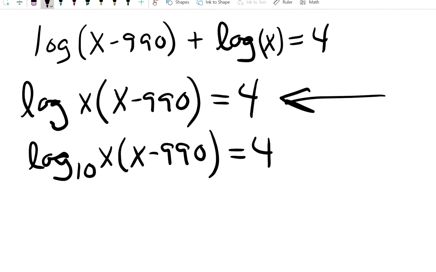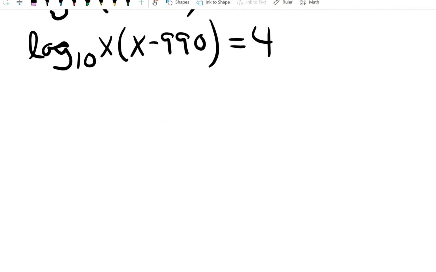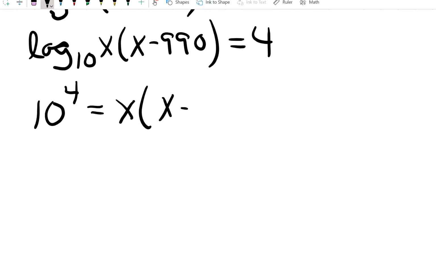Okay? Now we can write it how we know how to write it. We've done these before. So this is going to be 10 to the 4th power equals x times x minus 990.